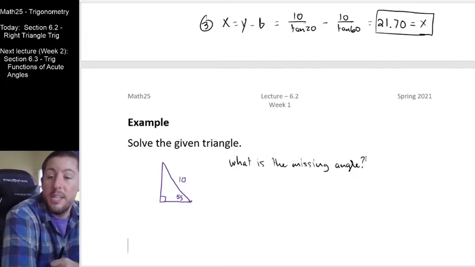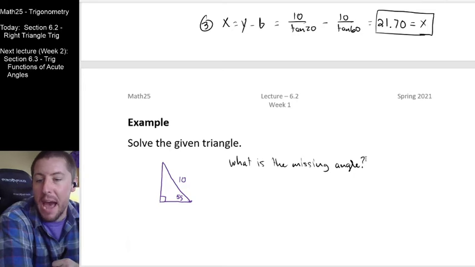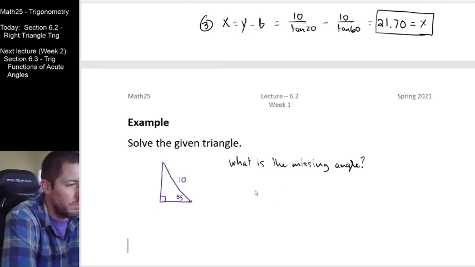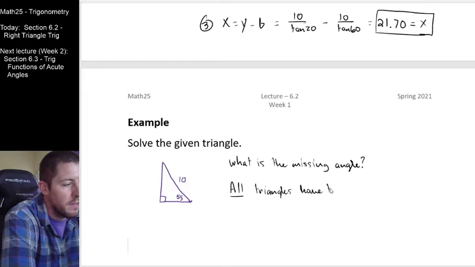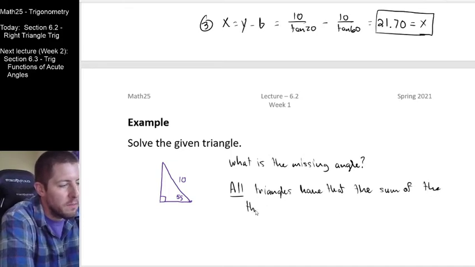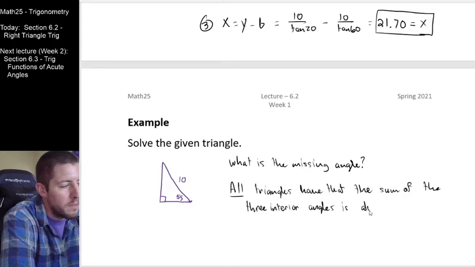Now, this is the reason that we're doing this problem right now: we can state a basic fact of all triangles. All triangles have that the sum of the 3 interior angles is always 180 degrees or pi radians.